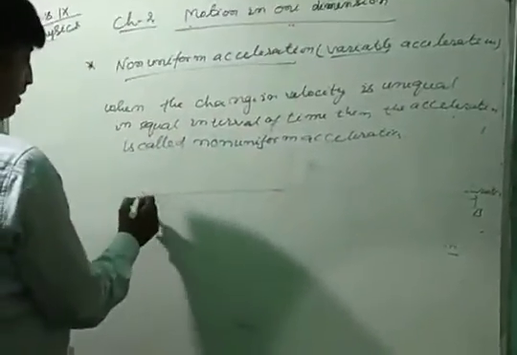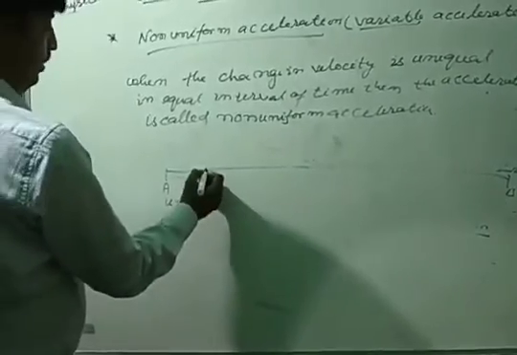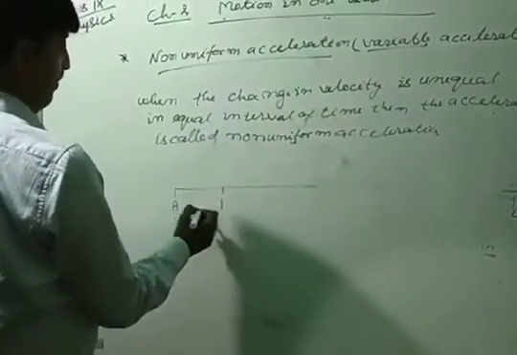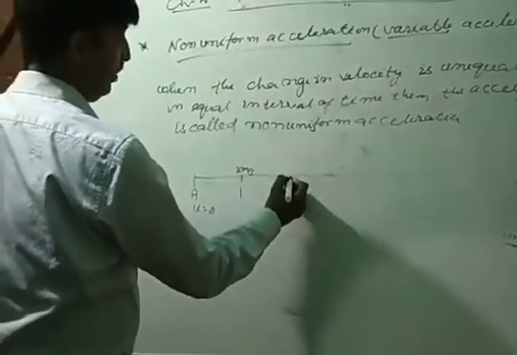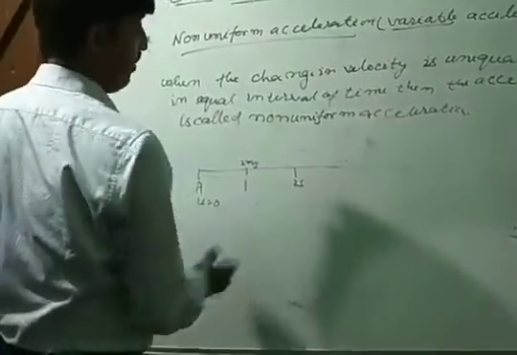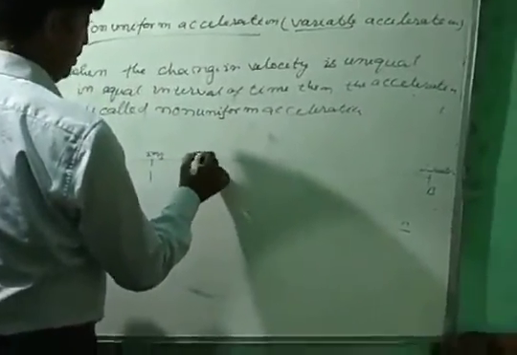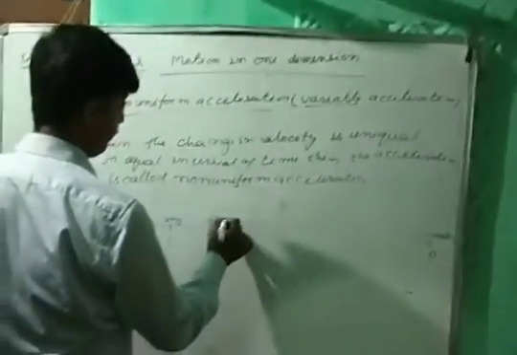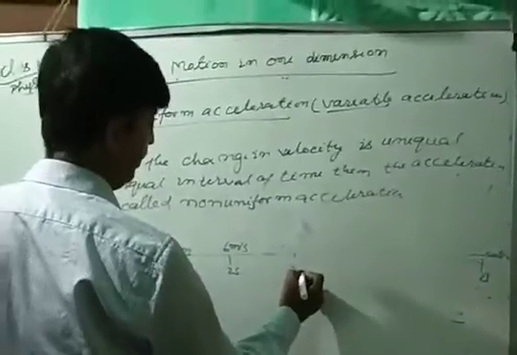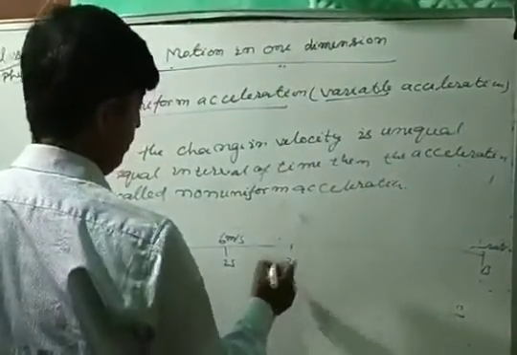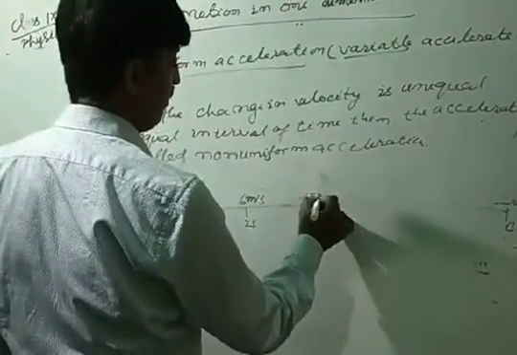Let a body start from point A with initial velocity u equal to 0. At the end of the first second, its velocity becomes 2 meter per second, and at the end of the second second, its velocity becomes 6 meter per second, and at the end of the third second, its velocity becomes 15 meter per second.